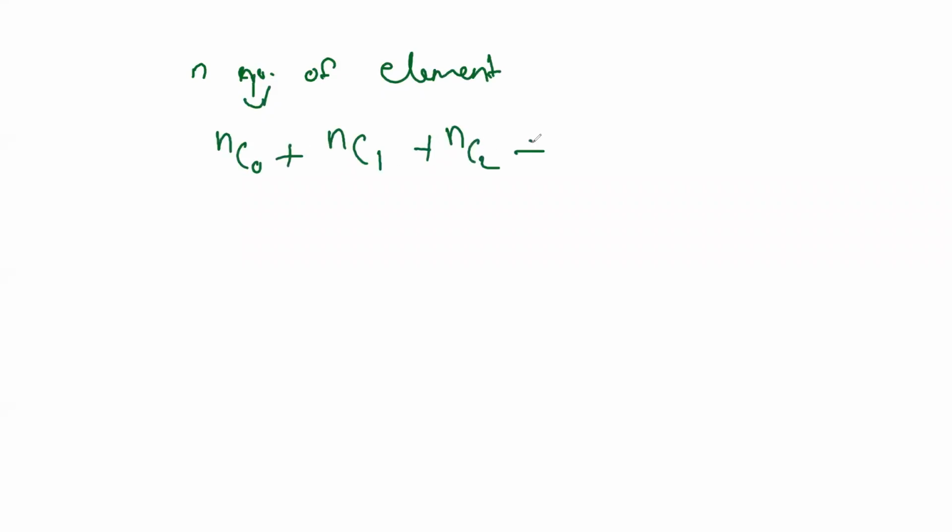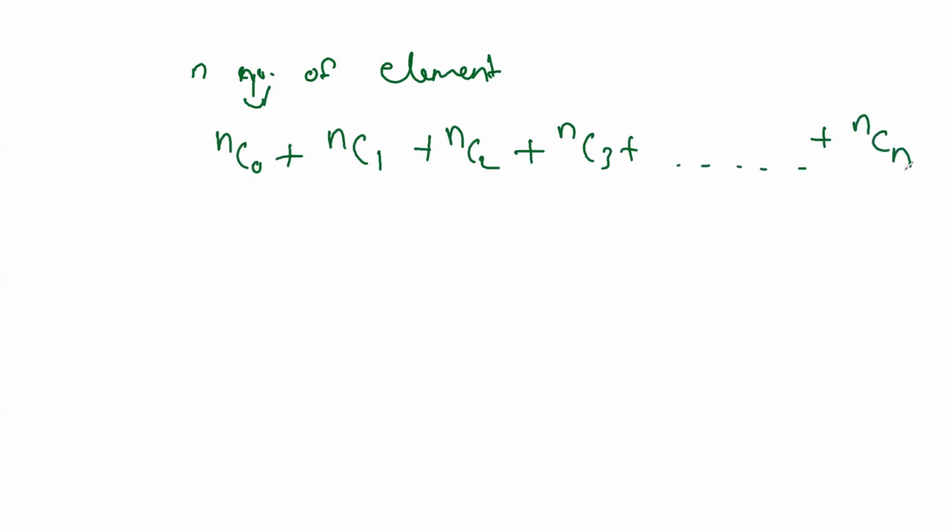Okay, absolutely fine. Suppose we have n number of elements. Can I say that in that case, nC0 plus nC1 plus nC2 plus nC3 and so on up to nCn will be there?